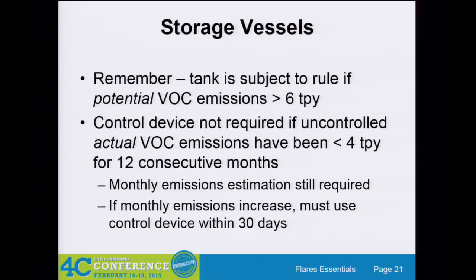That makes a lot of sense, and again, very practical, because you can take your control device and move it to a new well that's coming online next month. And that's what folks do. As long as you're not working over or recompleting that well, you should be fine with the 4 tons uncontrolled, and you stay below that.